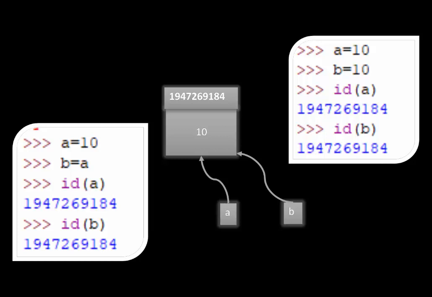So when you talk about reference, that means you are playing with addresses, with the memory addresses, with the location. So here when you say B is equal to A, B is also pointing to the location where A is pointing to. That is what you have to understand. That's why when you go for ID, you get the same address because it is pointing to the same location.